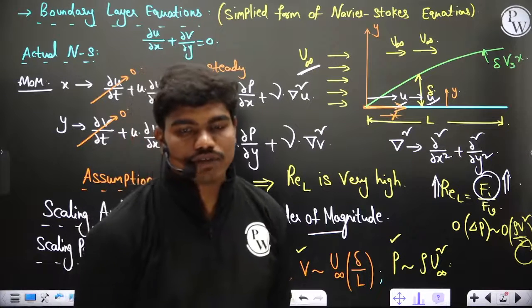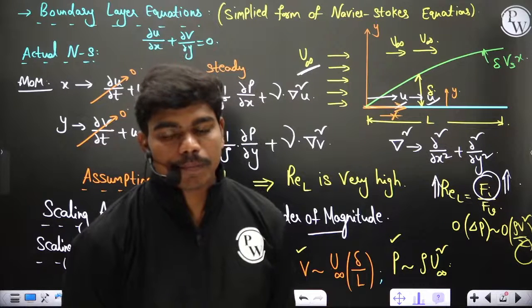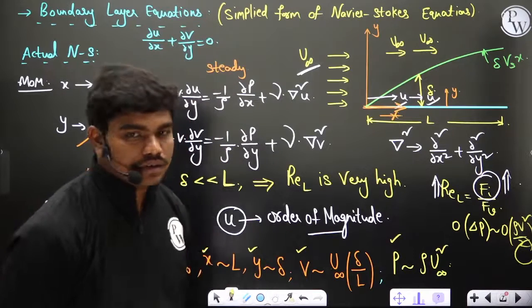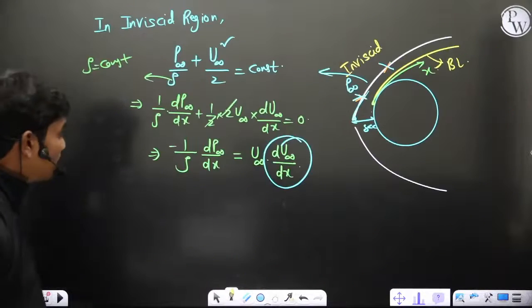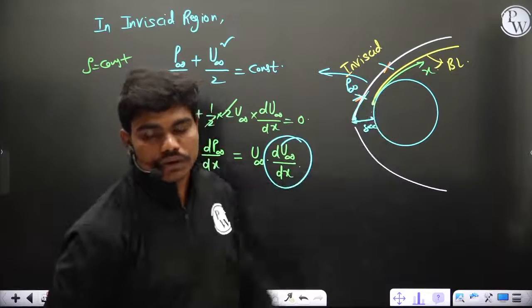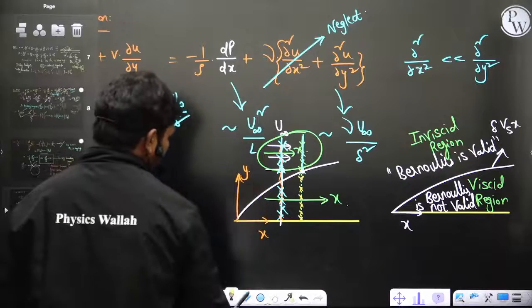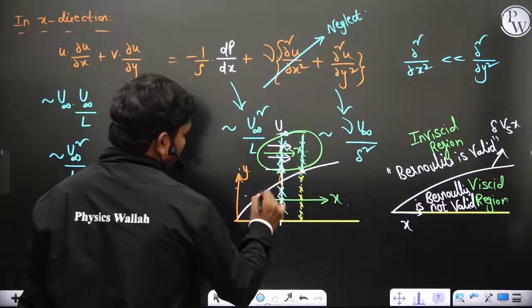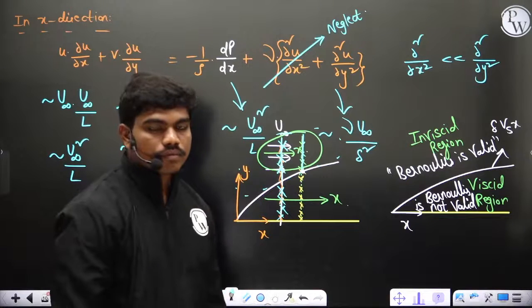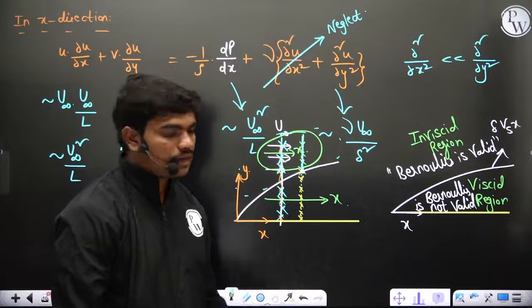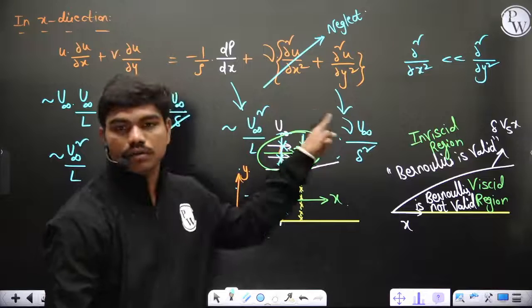Can anyone tell me what is the value of the free stream velocity gradient in case of a flat plate? Think just a bit. If you take a flat plate, at every point on this outer flow field, outside the boundary layer, what is the fluid velocity? What is u infinity?